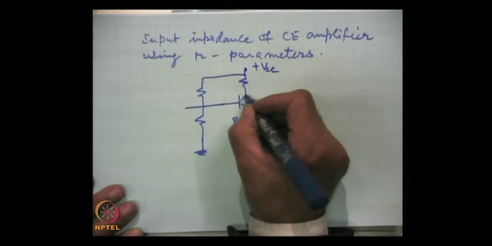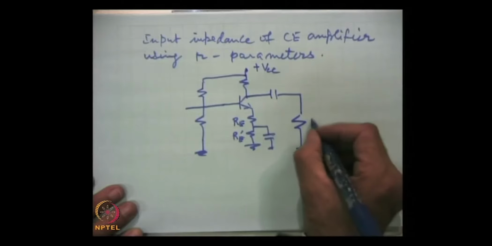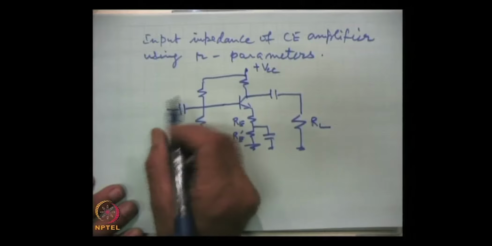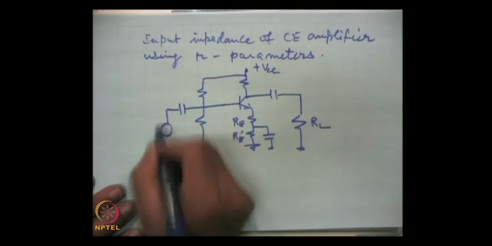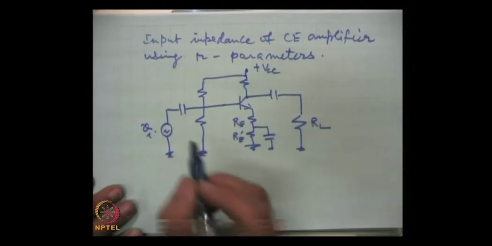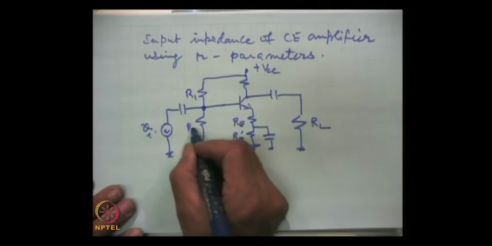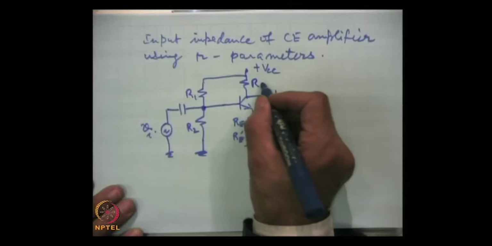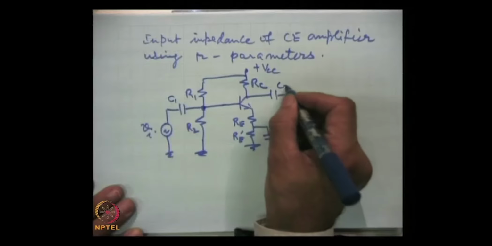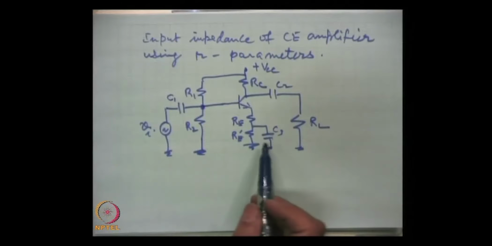Plus VCC, this is the coupling capacitor, this is the load across which we will measure the output voltage, and here this is the input signal, and this is resistance R1, this is R2, this is RC, and so on, and these capacitors, these are coupling capacitors and this is called bypass.